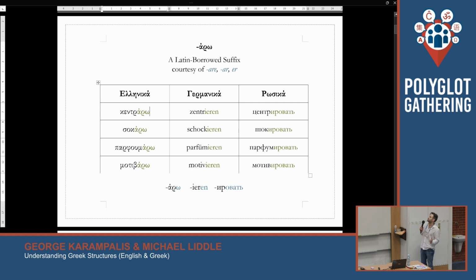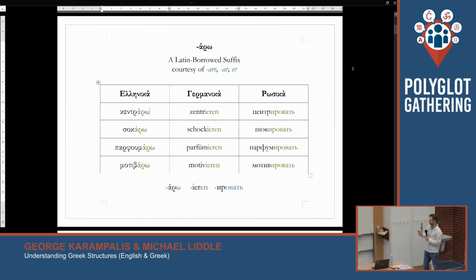Basically, we're going to show you patterns to feel less overwhelmed by Greek. We're going to start with this suffix, -aro.